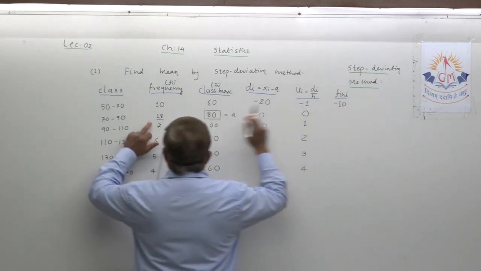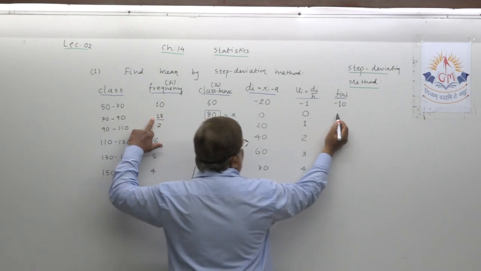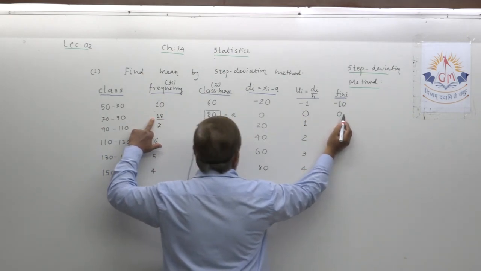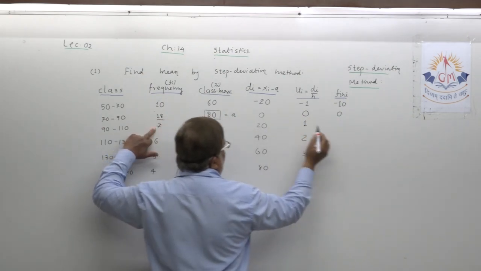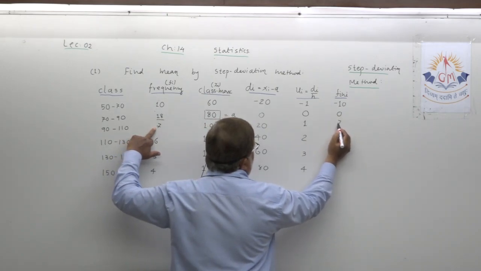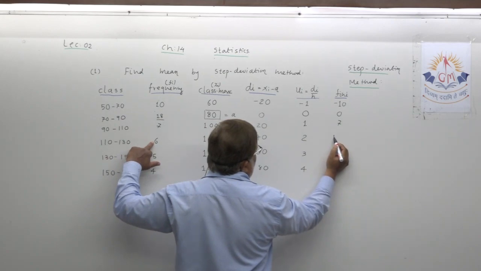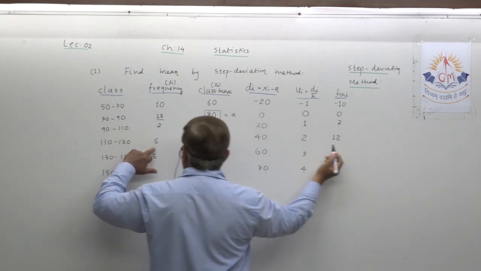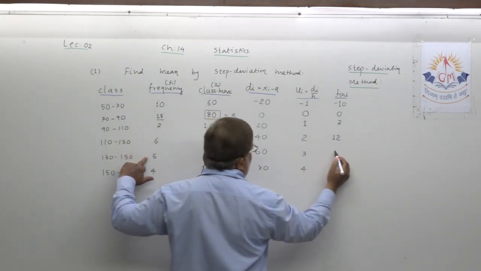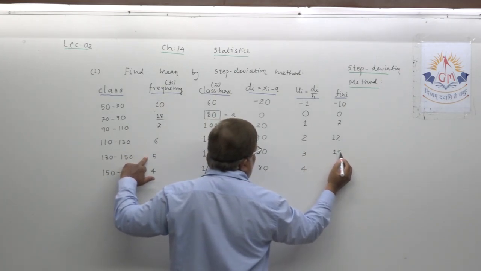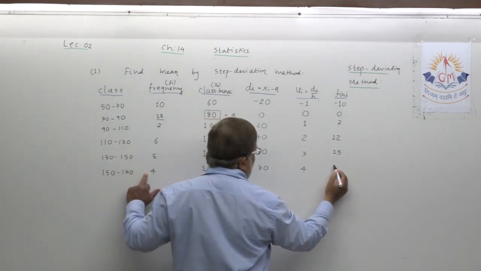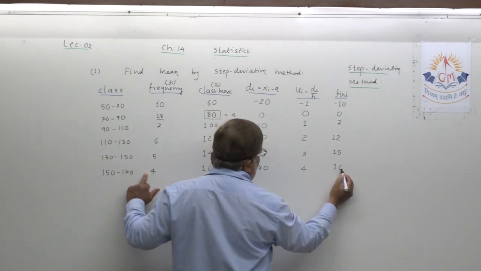Then 18 into 0, that is 0. 7 into 1, that is 7. 6 into 2, that is 12. Then 5 into 3, that is 15. 4 into 4, that is 16.